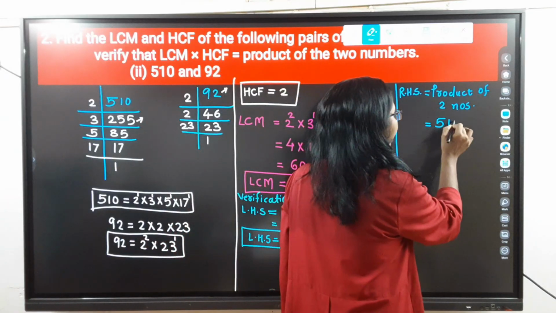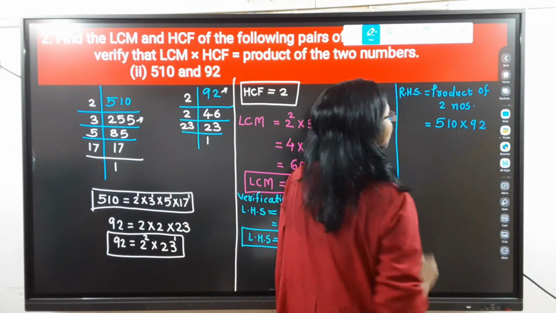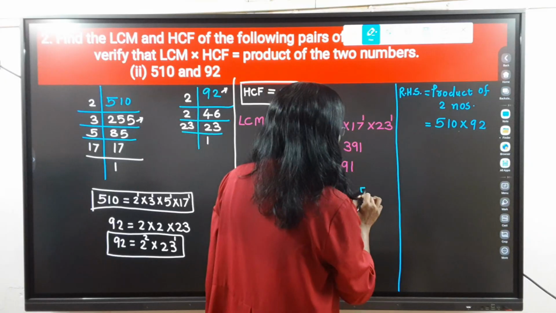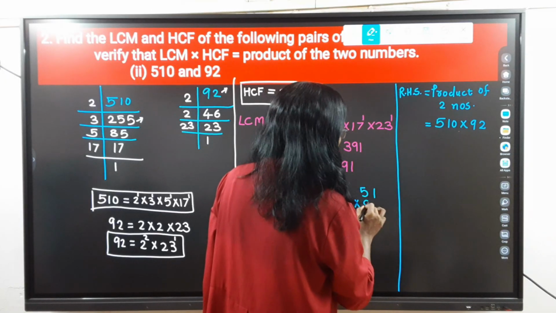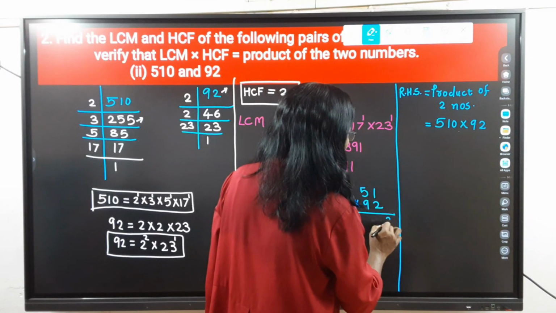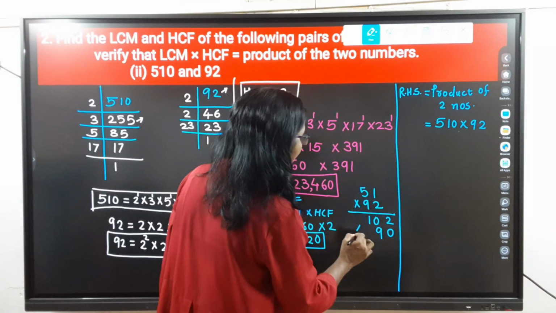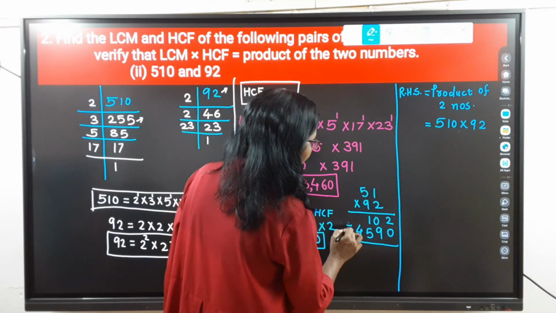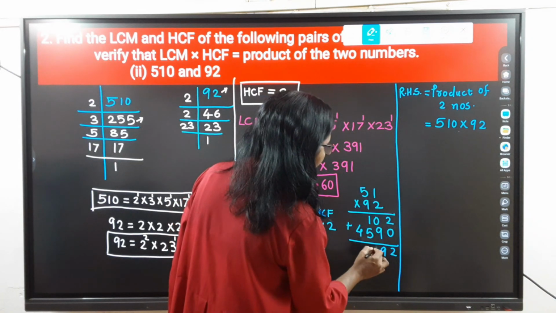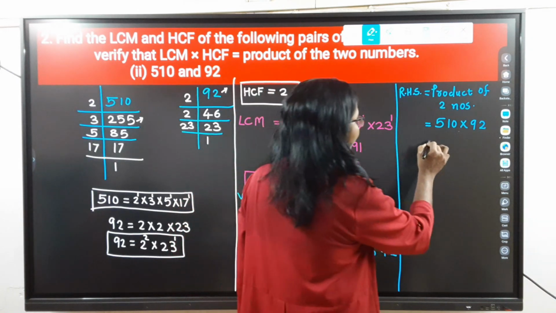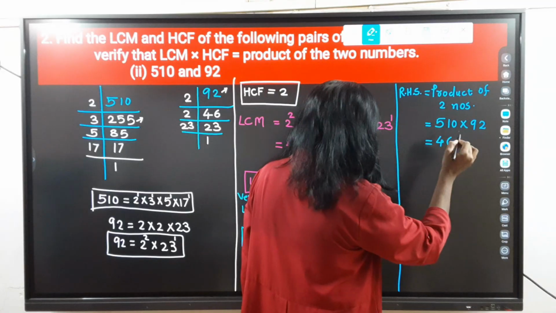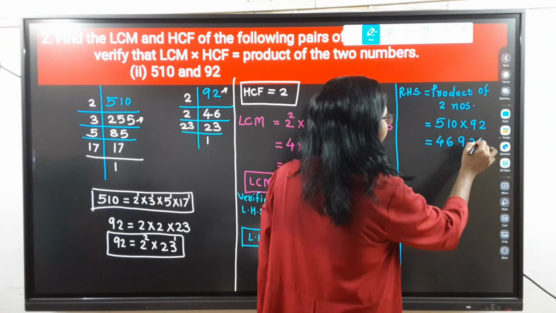So 510 multiplied by 92. So I do here 51 multiplied 92. So here 2, then 10, 0, then 9, then 45. Addition of these two, 9, 6, 4, which is equal to 46,920.